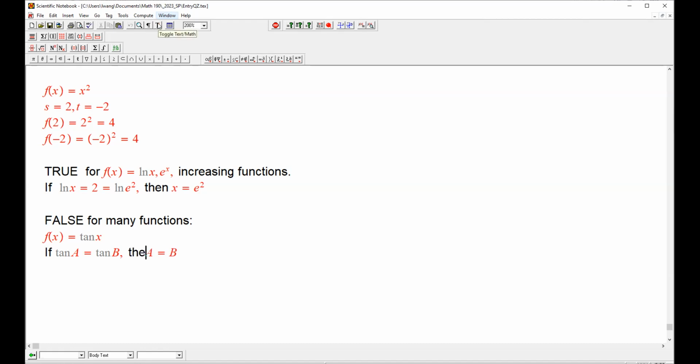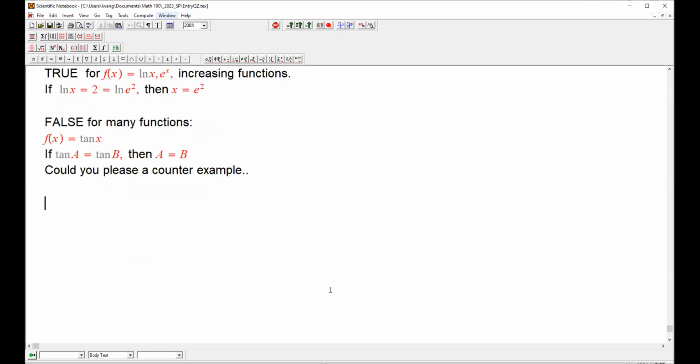Obviously not. We know we cannot. But could you please find a counterexample like we did before? We've given many counterexamples, so you can try this. I'm going to leave that for you. You have a little homework there.